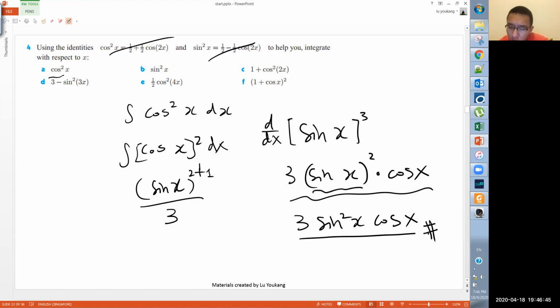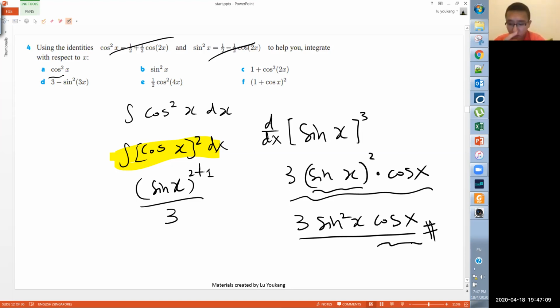Now, when you integrate this, you use a similar approach: power plus 1, and then bring down the resultant power. The question you ask yourself is, when you differentiate sine x, you are supposed to get cosine x here, right?